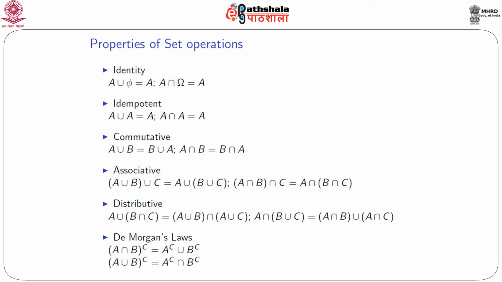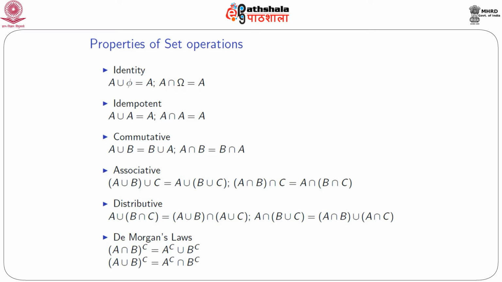Then we can have the associative property too. It means suppose we have three sets A, B and C. Now, we are taking the union of the first two, A union B, and then taking the union with C. This is same as taking the union of the last two, B union C, and then taking the union with A. So, this property is called associative.